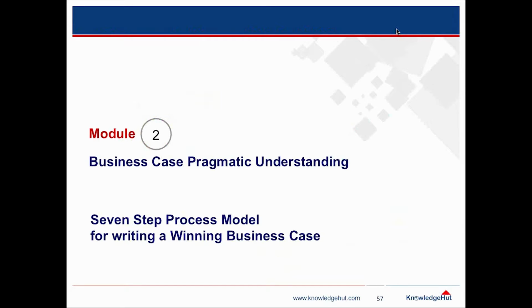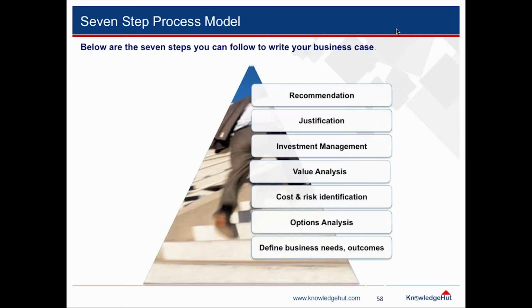When writing a business case, what we found helpful is what we call a 7-step process model. It looks like this. So there is a bit of structure and order to this, but see that as a guide rather than a fixed template to follow.